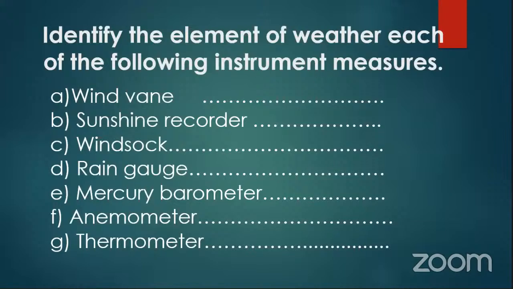This causes a rise in the pressure reading. When the air pressure is low, it is the opposite. The mercury in the glass tube flows out into the bowl, causing a fall in the pressure reading.